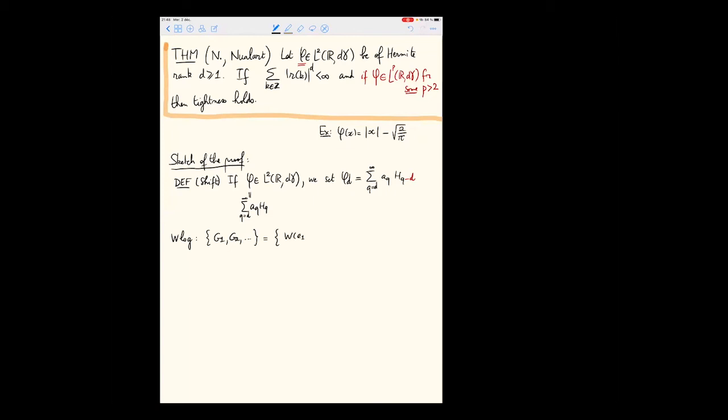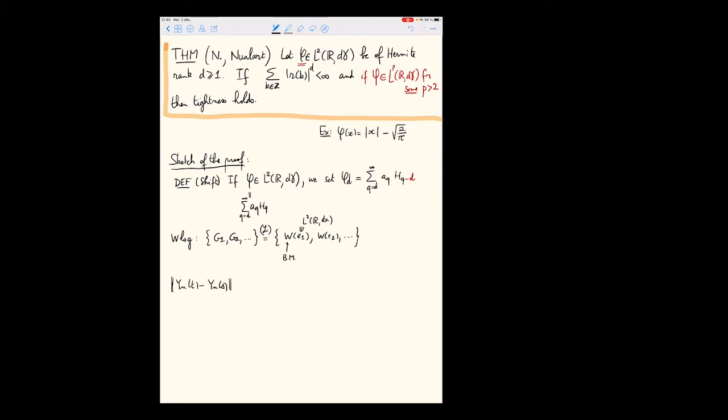So it takes the form W(e_1), W(e_2), etc. So it has the same law. This is not an assumption, so I can always represent any stationary Gaussian sequence this way. Now this time the e_i are square integrable with respect to the Lebesgue measure, and my W is just the standard Brownian motion.